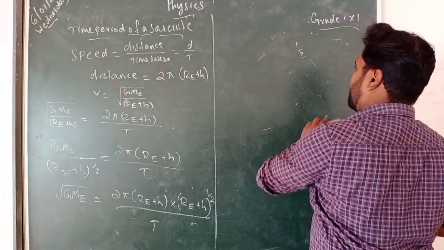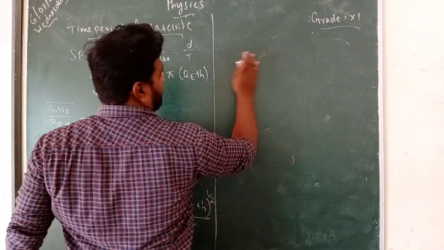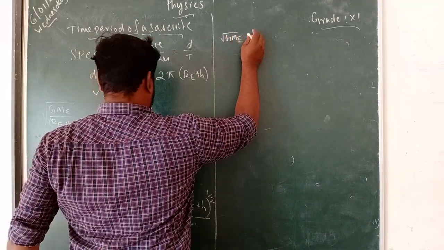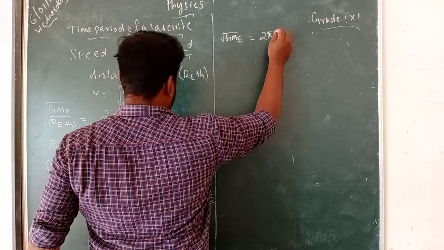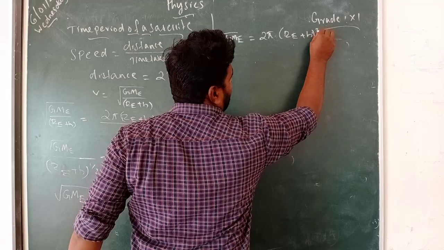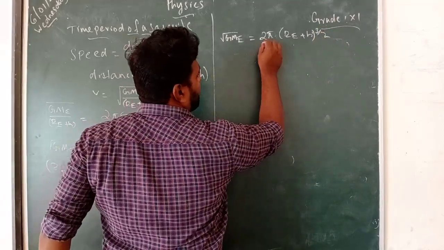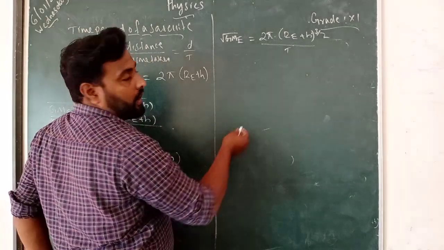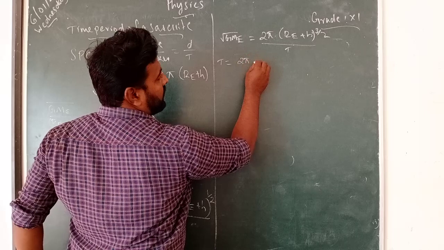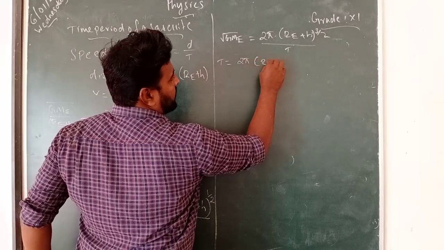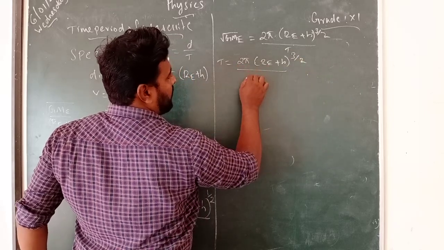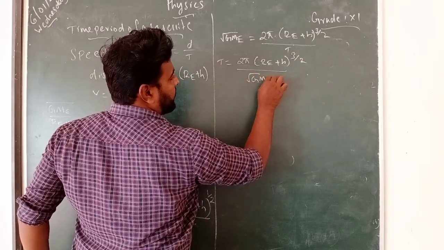We can write this equation as root G M E equal to 2 pi (R E plus H) power 3 by 2 divided by T. Now take this T here. So T is equal to 2 pi (R E plus H) whole power 3 by 2, by root G M E.